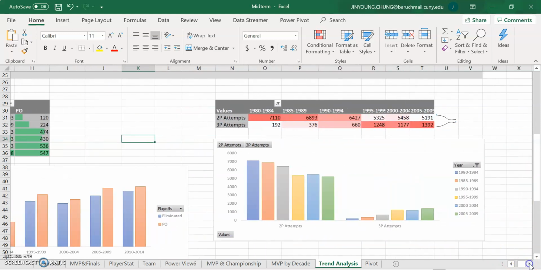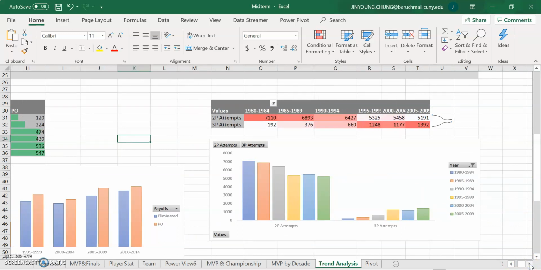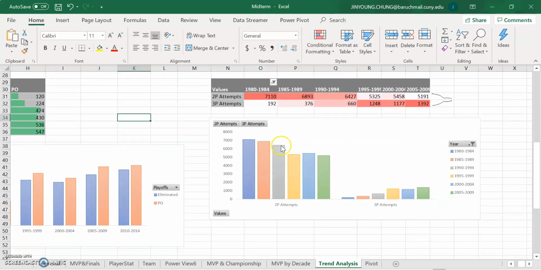The third table here has a color scale and trend line of 2-point and 3-point attempts by each decade, clearly showing a downward trend of 2 points and an upward trend of 3 points. We can see this trend on the bar graph as well.